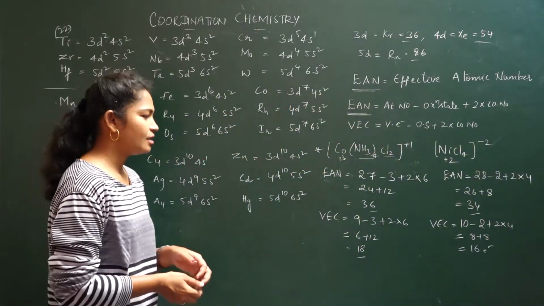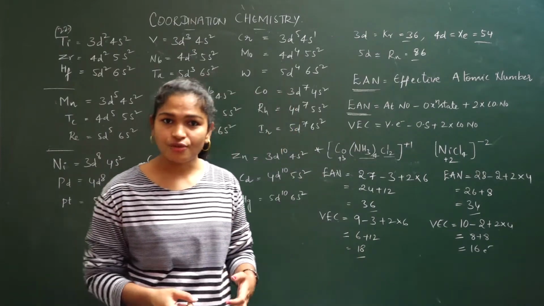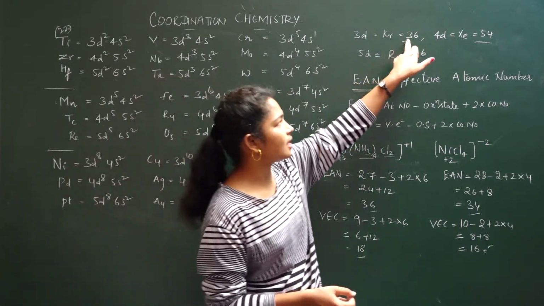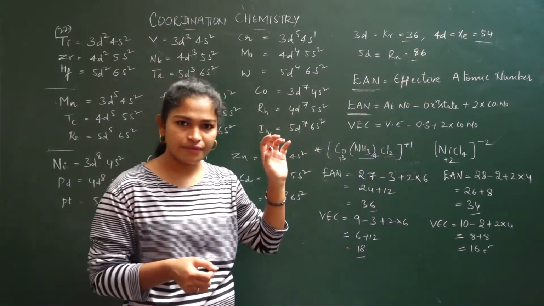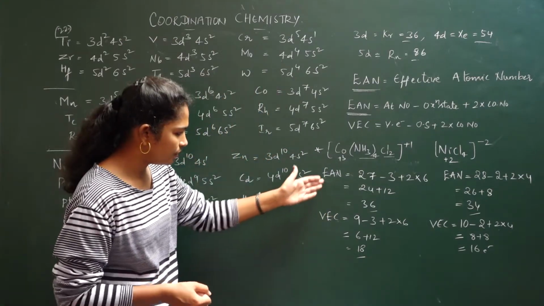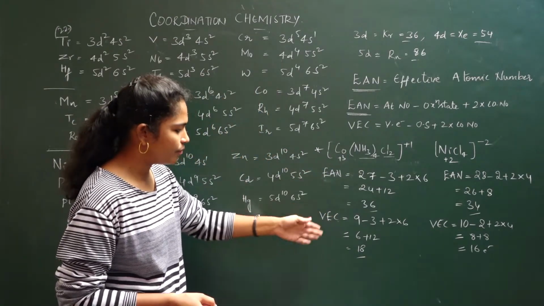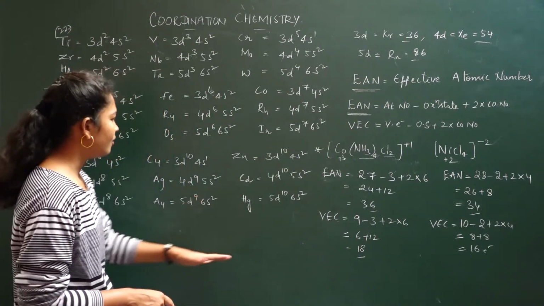Okay. So this is about the EAN and VEC. If it has to follow the EAN rule, then you have to get at least 36 or 54, 86, I mean the configuration of noble gases. Then it follows the EAN rule. So that is how to calculate the EAN, and how to calculate the valence electron configuration VEC.